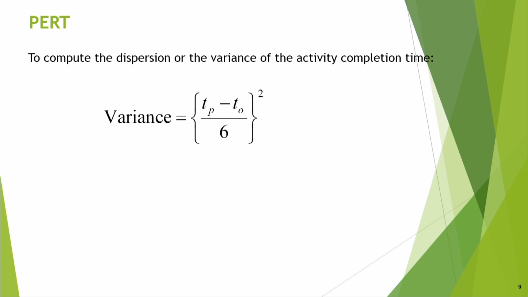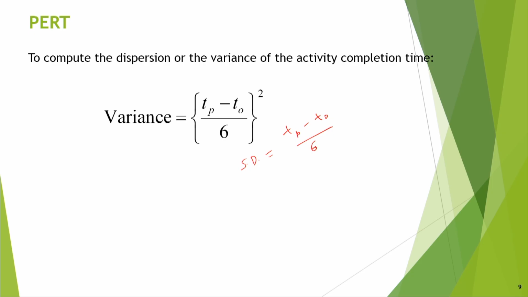And we can find out the variance also, to compute the dispersion or the variance of the activity completion time for each activity. Variance is basically (Tp minus To by 6) whole square. Or you can say standard deviation becomes Tp minus To divided by 6.